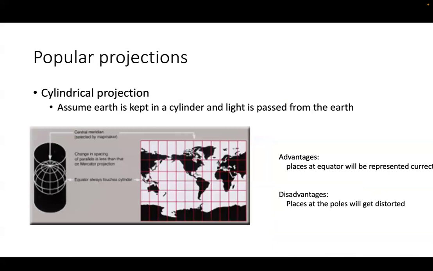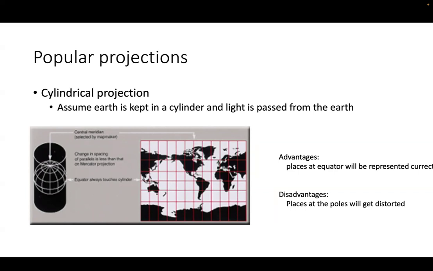So let us see different types of projections. The basic one is called cylindrical projection. In the cylindrical projection, we assume that the earth is made of glass. Inside the glass earth, put a light source and switch it on.